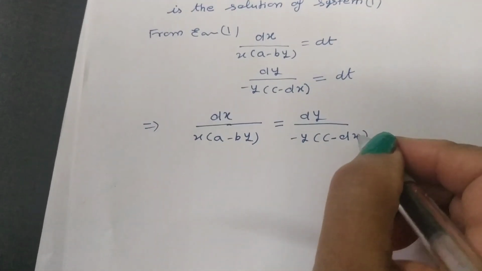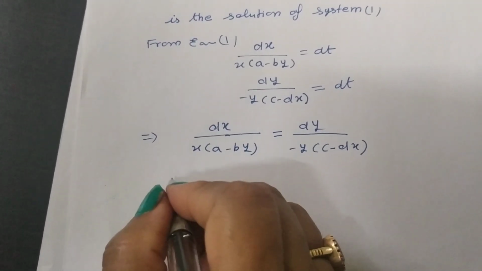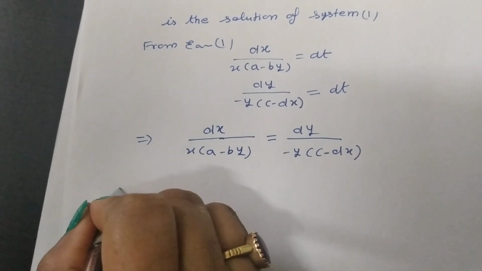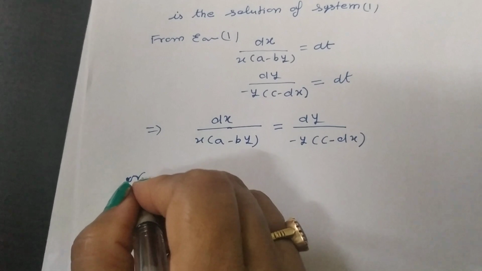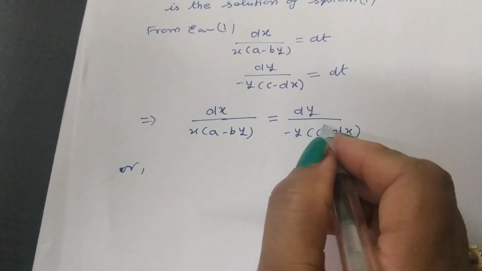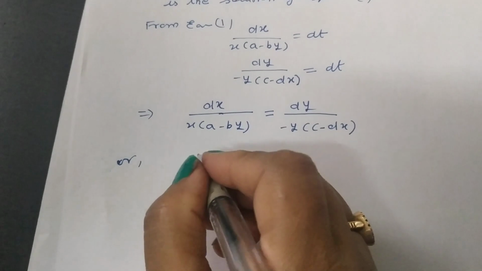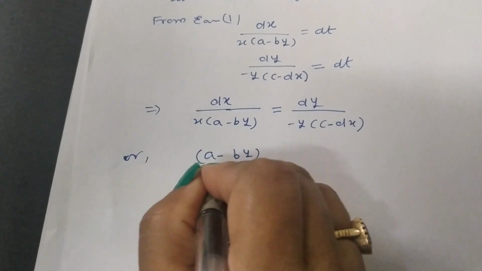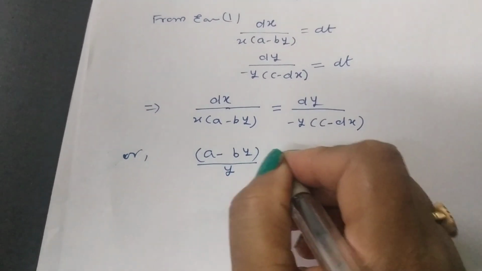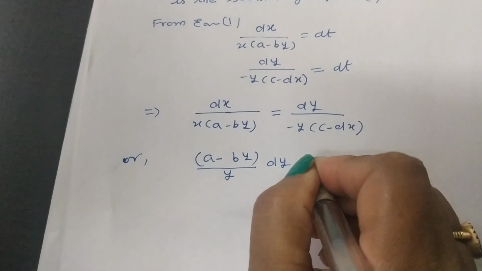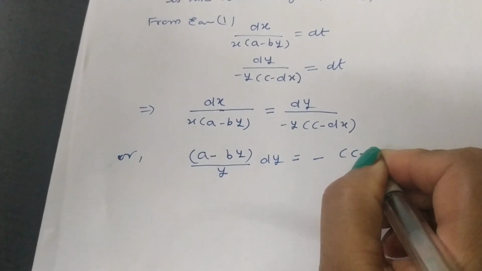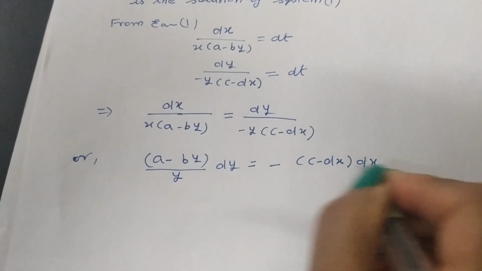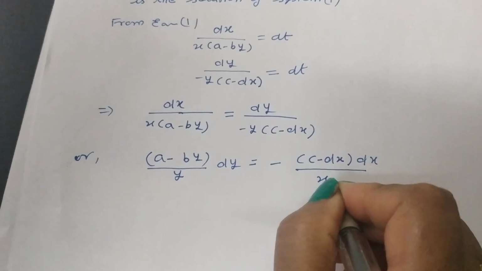Now to solve this equation, we make it in variable separable form. Taking the dy coefficient on one side and dx on the other, that is (a minus by) divided by y dy is equal to minus (c minus dx) divided by x dx.